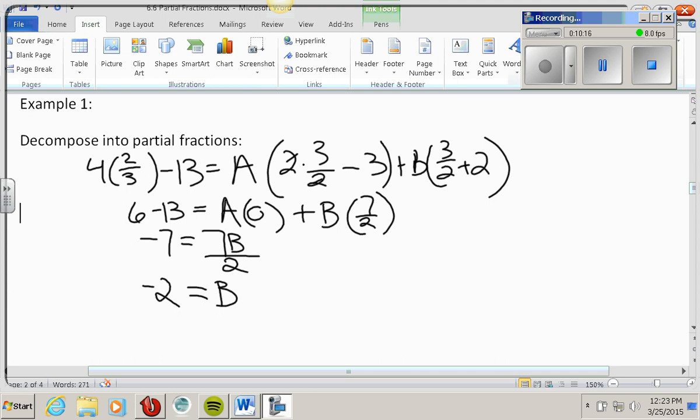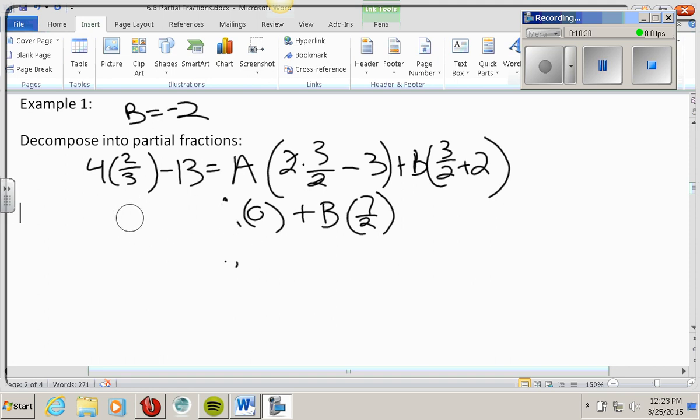Now, let's take our B equals -2 and put it up here. Now we want to find our value for A. So I'm going to erase this.